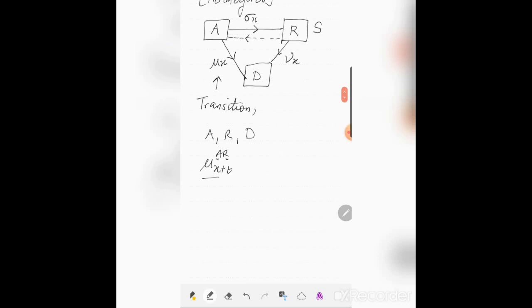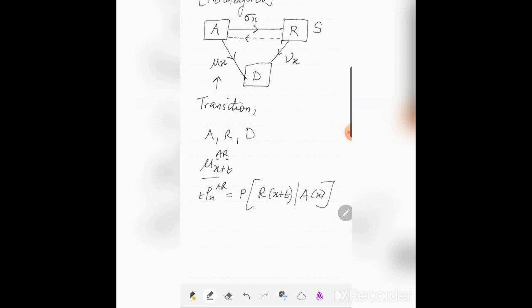If I'm supposed to compute tPx AR, it's as good as the probability that the person is in state R at time x plus t, given that he is in state A at time x. So this is the meaning of tPx AR.